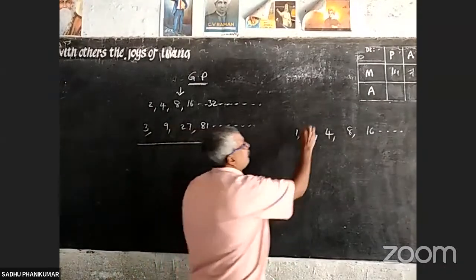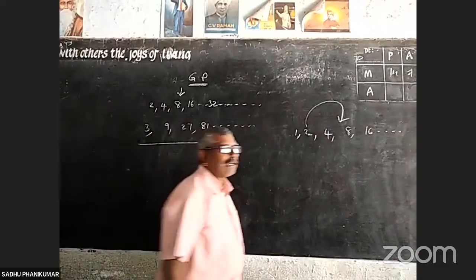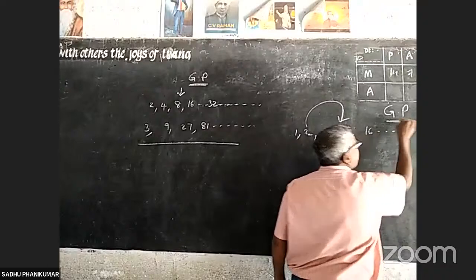This kind of arrangement of numbers is called a GP, geometric progression.